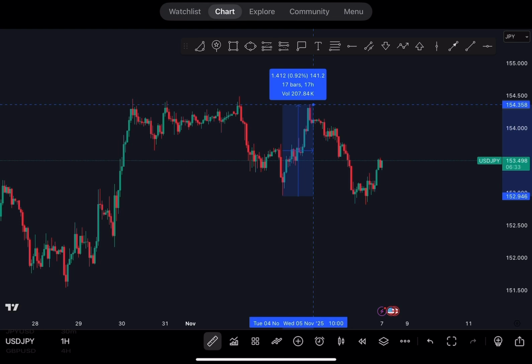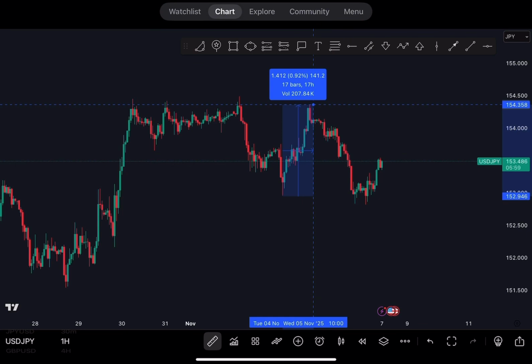So for example, I personally use TradeLocker because it's compatible with TradingView and it's very user-friendly as well. It has amazing features, which we'll be getting into in future videos. But essentially, you can tell your broker, hey, broker, I want to enter at 152.946 and I want to exit at 154.358, just as an example. That's a buy example, and you could see that your profit is going to be 141 pips.